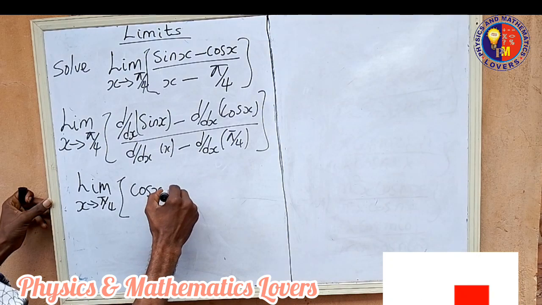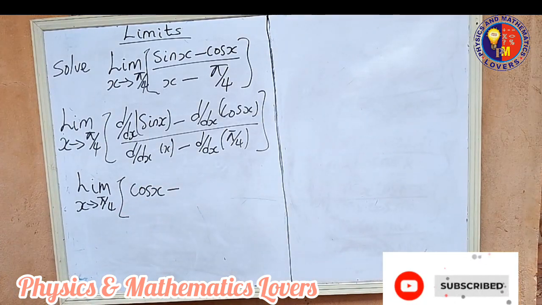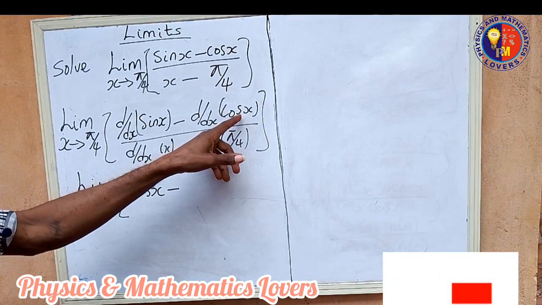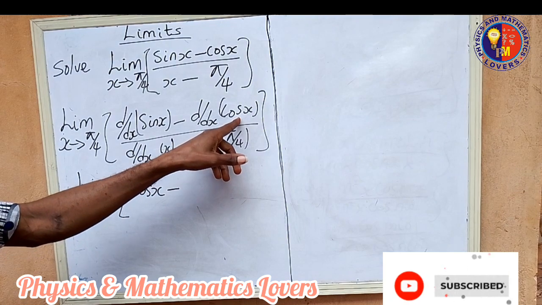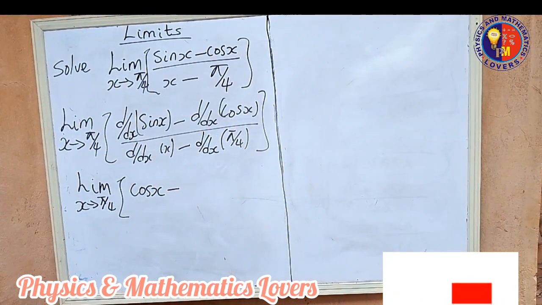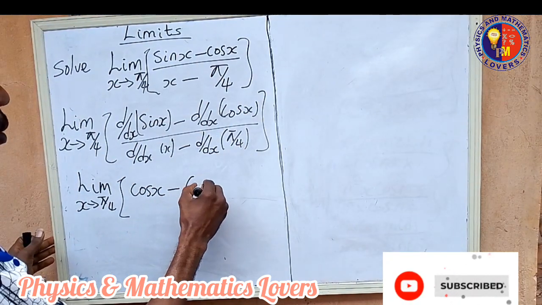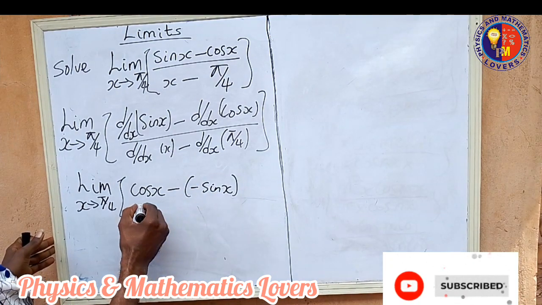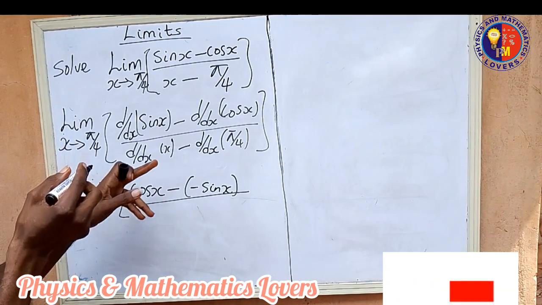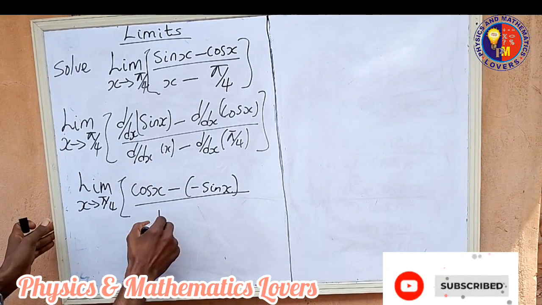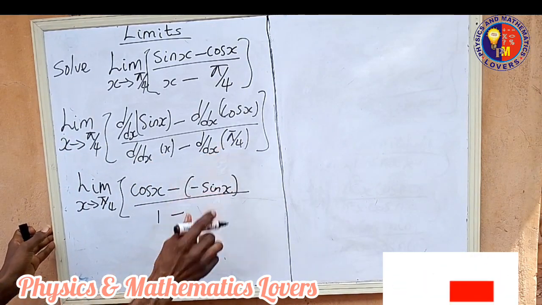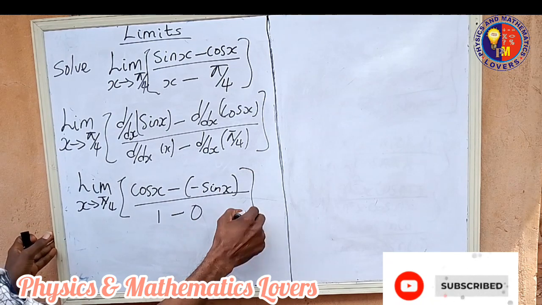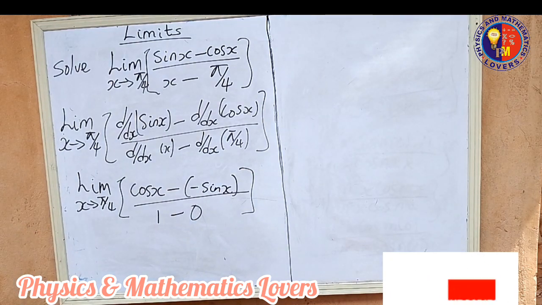Then minus the derivative of cos x, which gives the opposite, negative sine x. All over: if you differentiate x, it gives us 1, minus the derivative of the constant pi over 4, which is 0.